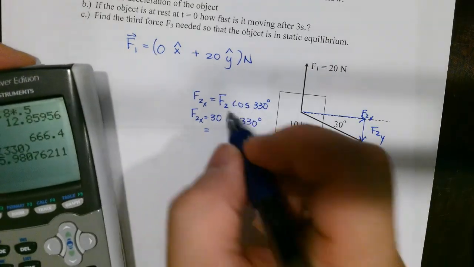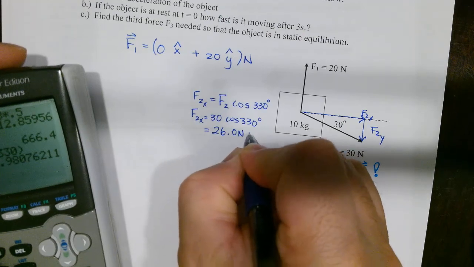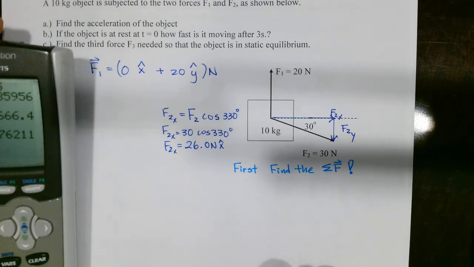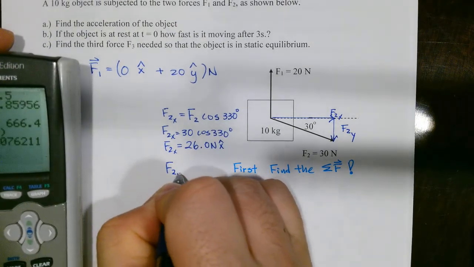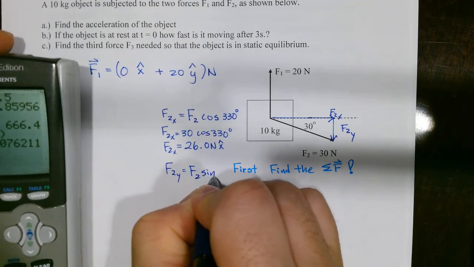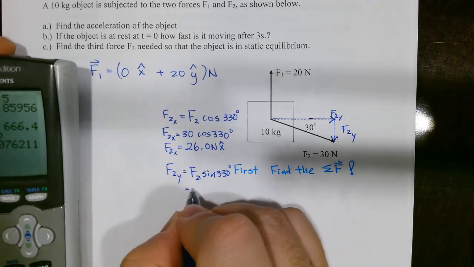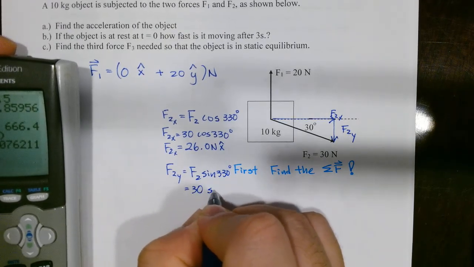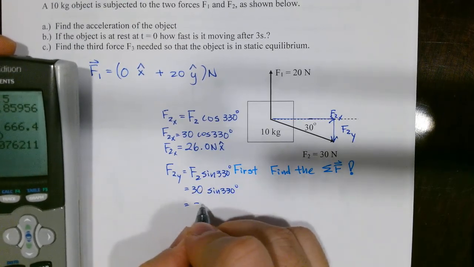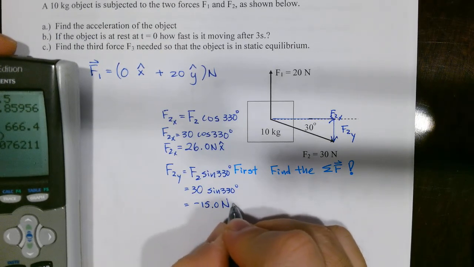25.98. So I get 26.0 newtons x hat for my f2x. And my f2y is equal to f2 sine of 330, right? And that is 30 times sine of 330, and that is negative 15 newtons y hat.